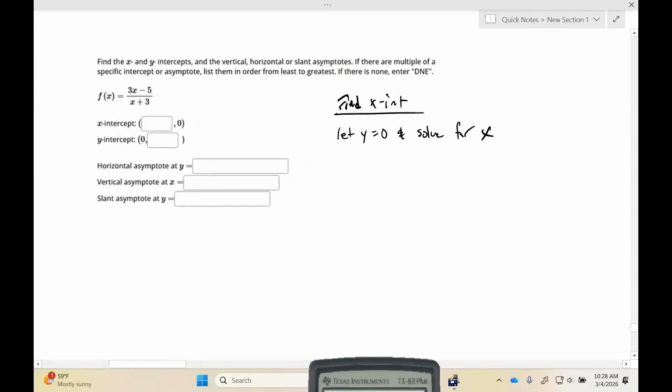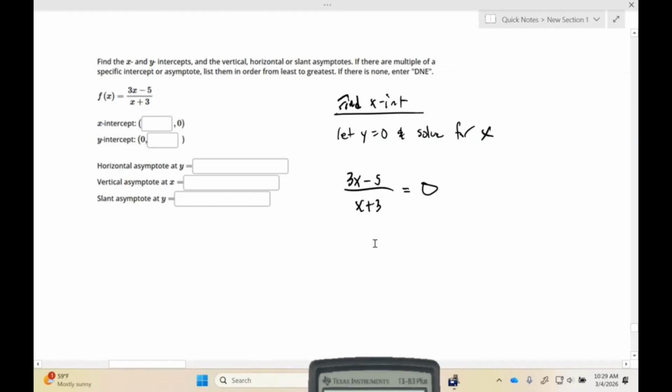Remember, in function notation, y is equal to f of x. So I'm just going to rewrite this as (3x minus 5) over (x plus 3) is equal to 0. I kind of flipped it around, but f of x is y, so I just let y equal 0. And now we're going to solve it for x.